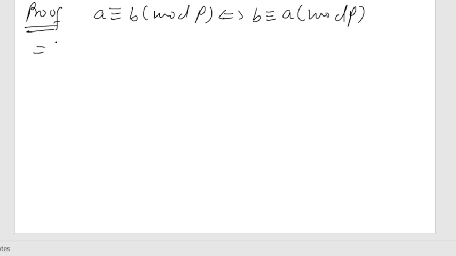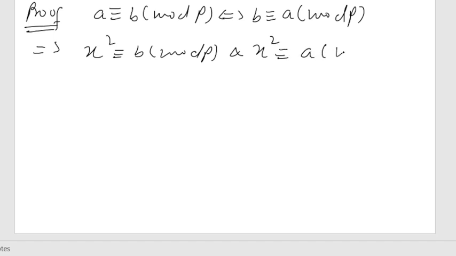This implies that x square is congruent to B mod P and x square is congruent to A mod P have the same solution.